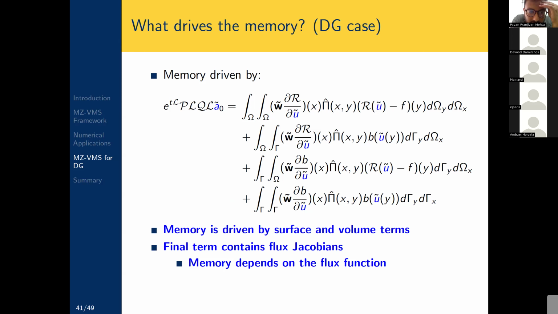So in general, if I've understood it correctly, and correct me if I'm wrong, first we discretize the equation and then we apply the MZ theory, and not the other way around. Yeah, that's correct, because the MZ theory, the way it was formulated that we use, is derived for dynamical systems.